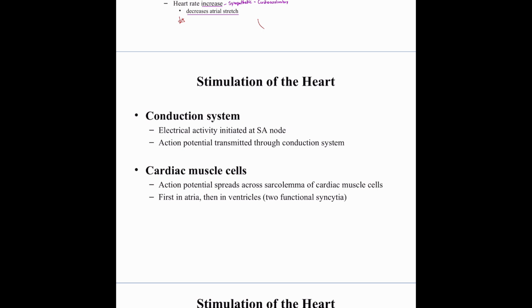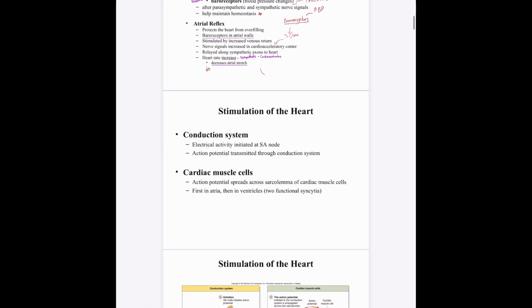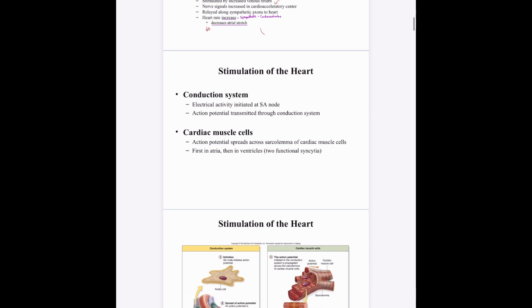Going through your right and left bundles, etc. And then you have your cardiac muscle cells, where they will spread the action potential across the sarcolemma of the muscle cells, right? So the sarcolemma is like this covering that they have across all the muscle cells, and it helps propagate that action potential.